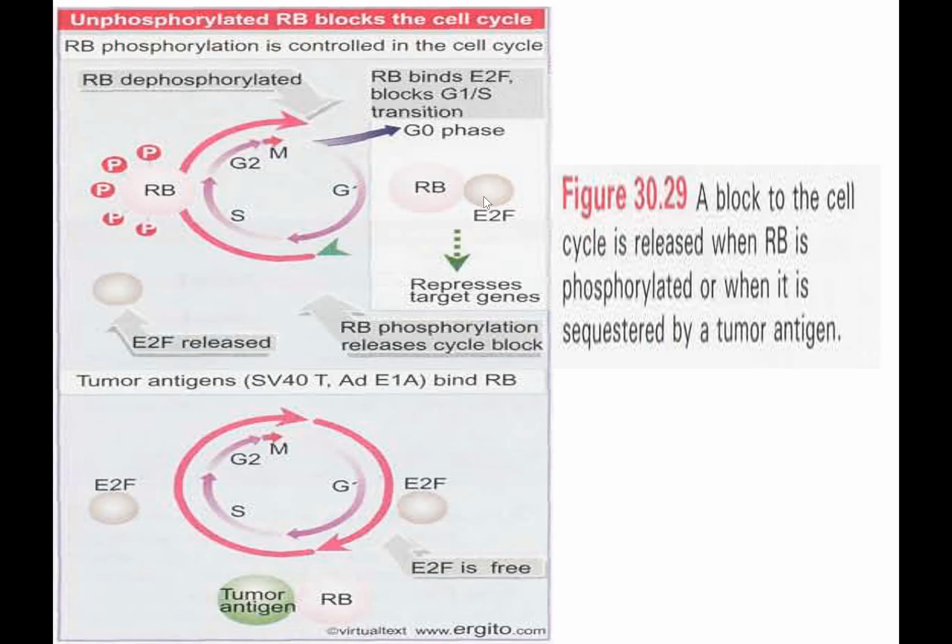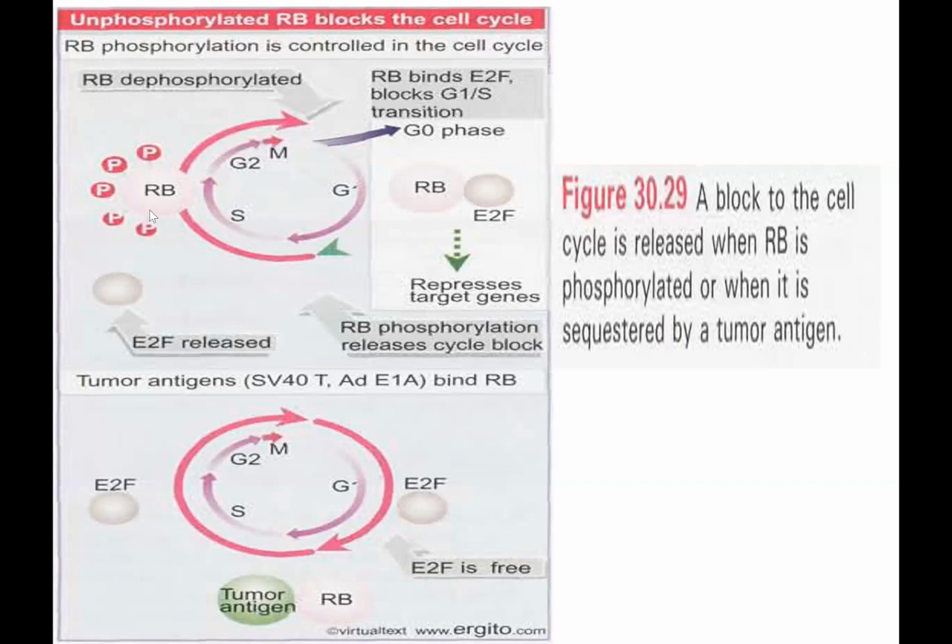Okay, but then what happens in the absence of RB, or when this cell wants to divide? In that case, this bond is dissociated, and this protein undergoes phosphorylation, and this factor is released. So this is released, and it goes and starts expressing the genes which are involved in cell division, and the cell starts dividing.